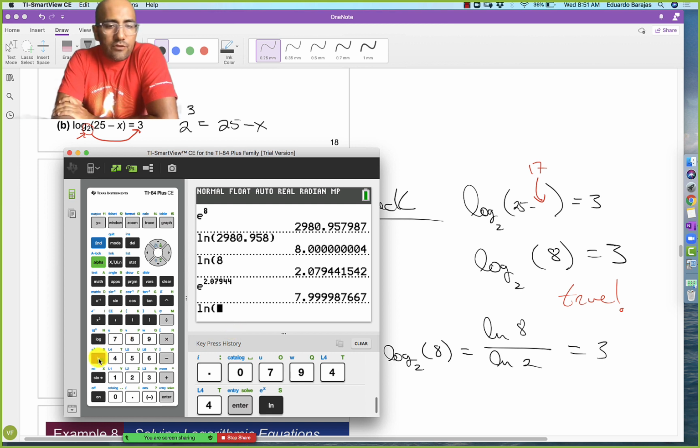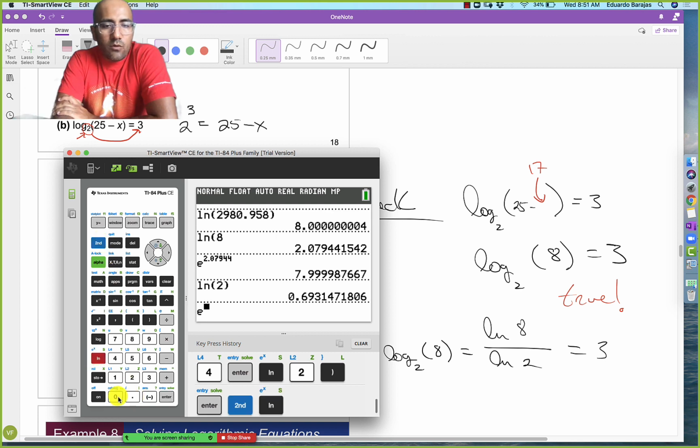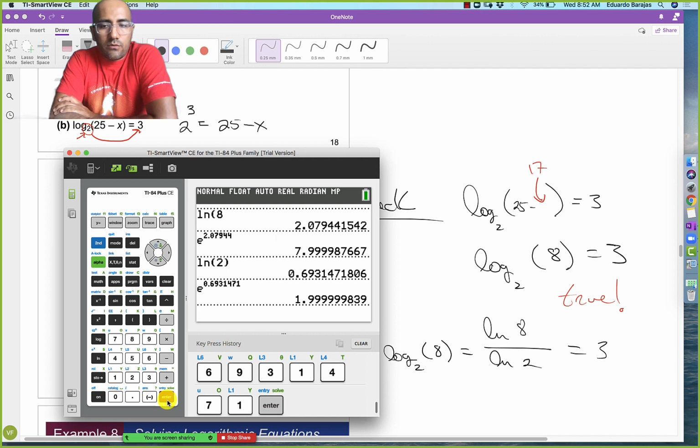Good. And then ln of 2 gets you to that decimal. So ln of 2, that notation represents the decimal such that e to the power of that decimal, 0.693147, that whole thing, is approximately equal to 2, right? Okay, so now the numerator is 2.07944, this number, divided by 0.693, this decimal right here.